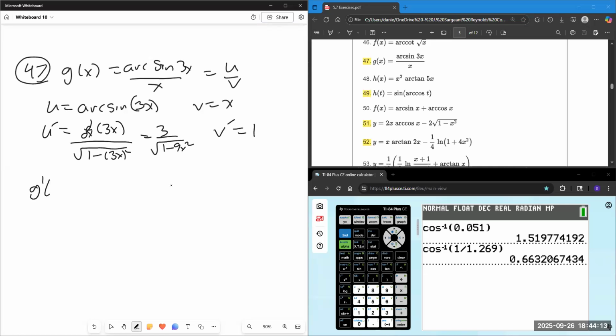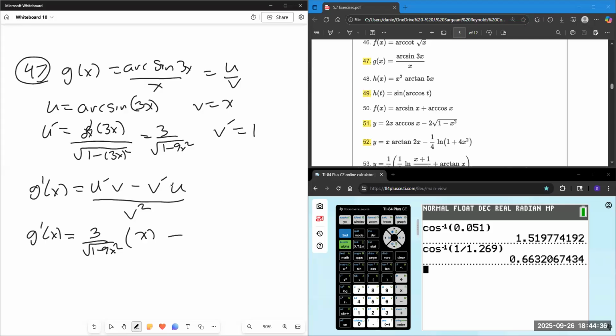g prime of x is u prime v minus v prime u all over v squared. g prime of x is 3 over root 1 minus 9x squared times x minus 1 times arc sine of 3x all over v squared.